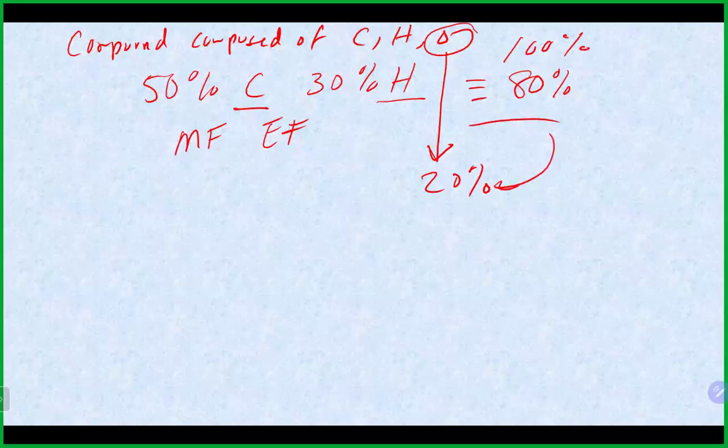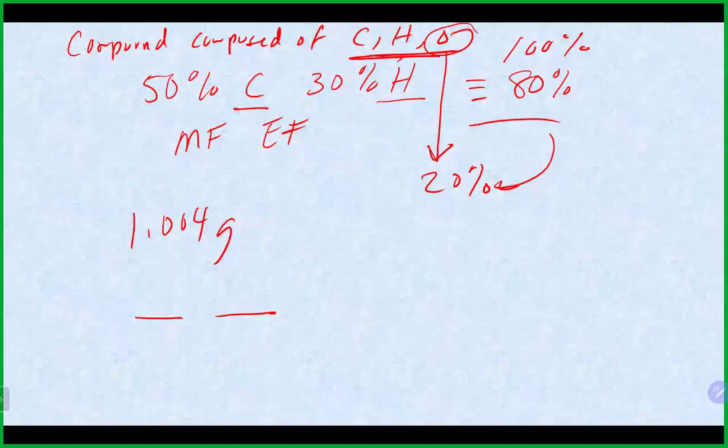So sometimes you are given something like that. In addition, a variation of that is, you remember the problem we did at the very beginning with the sulfur and the oxygen, where it said the compound had a mass of like 1.0054 grams or something like that. You may be given a mass like that and then given the mass of a couple of elements, and then you could just subtract the masses from each other and figure out the missing mass.